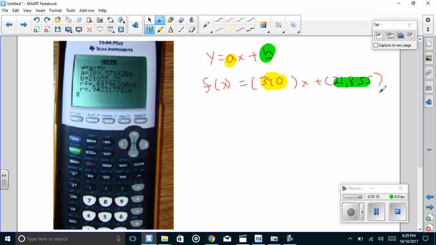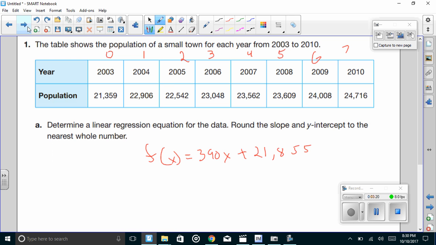So this would be your equation. Oh, I'm sorry, this is that equation. I just wrote it again.